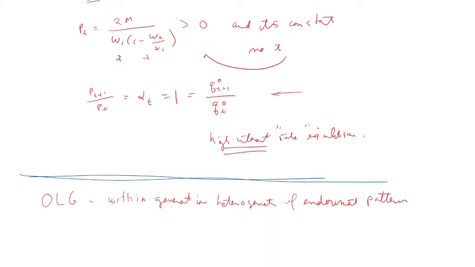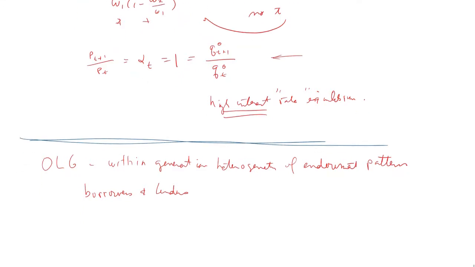And what this is going to do for us is we're essentially going to have borrowers and lenders within a generation. So there's going to be motives, interest for some people to borrow and some people to lend from people who live within the same generation.